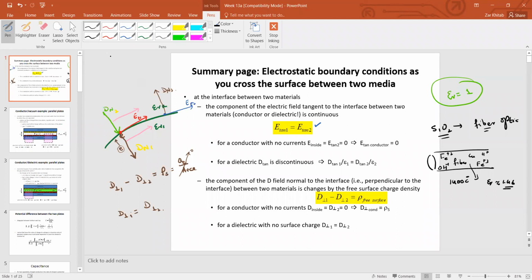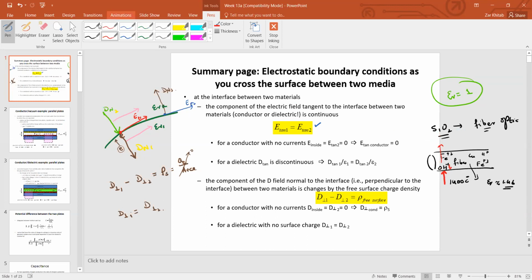Okay, because suppose the electric field hits from this direction, I'm just creating a case of the normal component, this hydroxyl ion will come down to the surface, thereby reducing the electric field which is leaving the fiber. Okay, this is just an example.